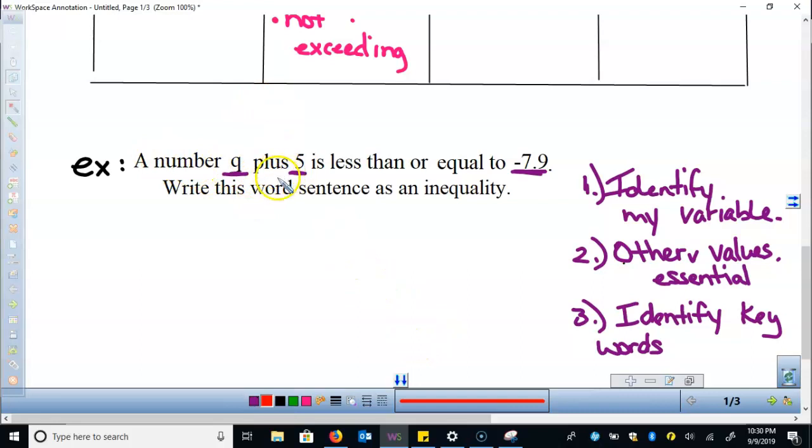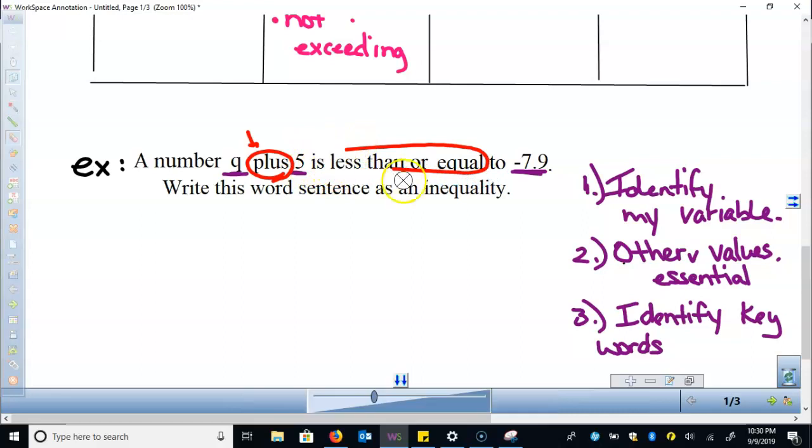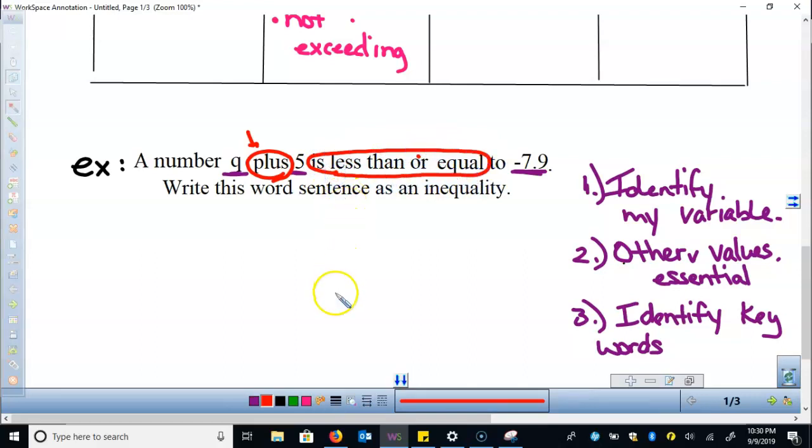So some of the words that I see here are the math keyword plus, which literally means to add, and then we have is less than or equal to. Now you'll often see the "is" in front of the inequality keyword, and that just tells you that that's the end of one value leading into how it compares to another.